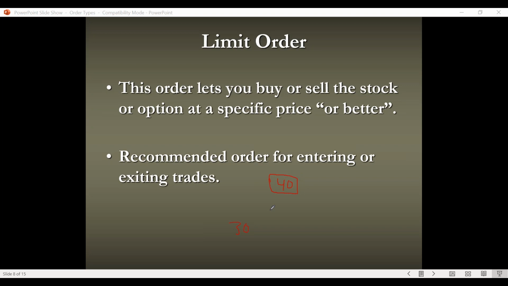I'm not going to get my emotions into the back and forth of the daily movements. And I know that I could get out at that $40 or a better price. If it gaps up above it, that's even better for me. So that's usually what I would recommend for entering or exiting trades, is to use that limit order.